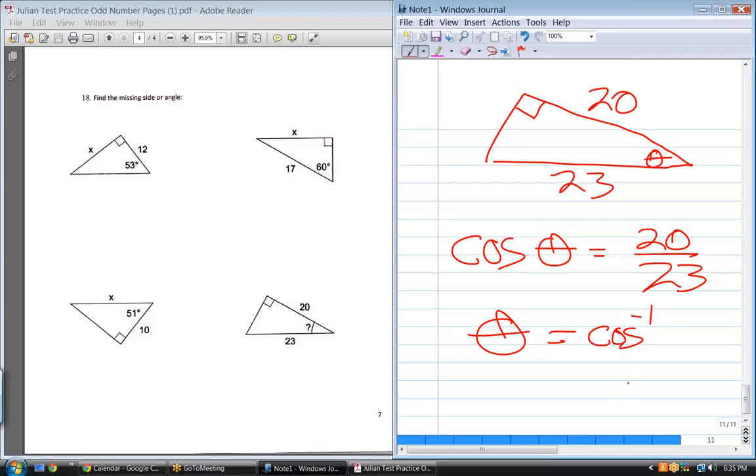So inverse of 20 over 23. Good. Look that up on your calculator. 29.5. That's right. 29.5 degrees. Okay.